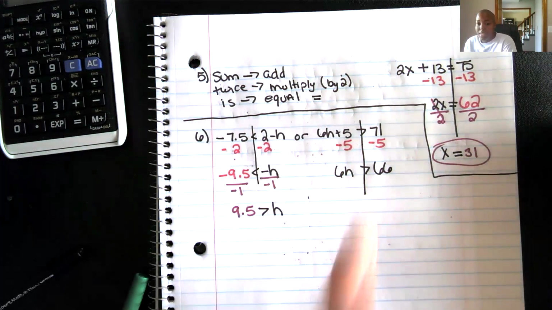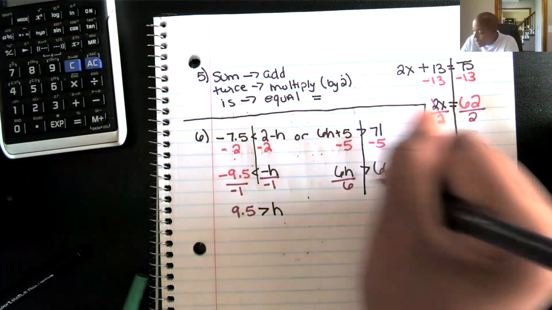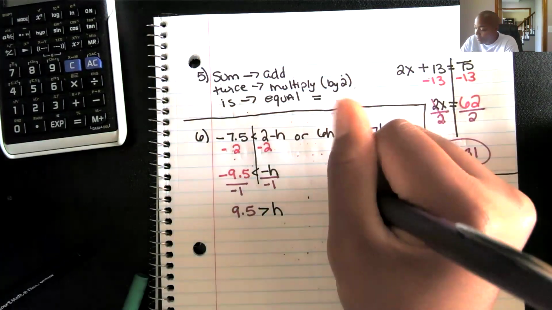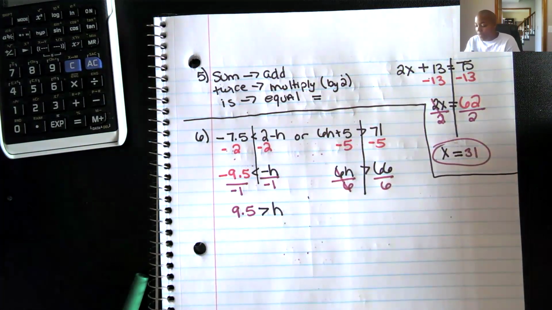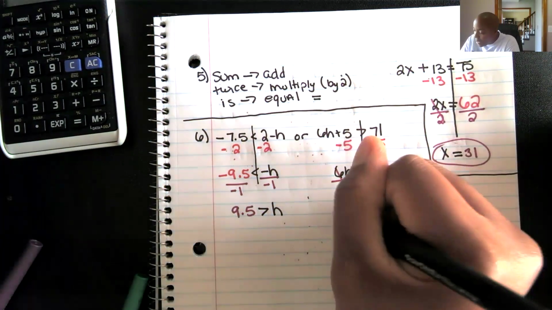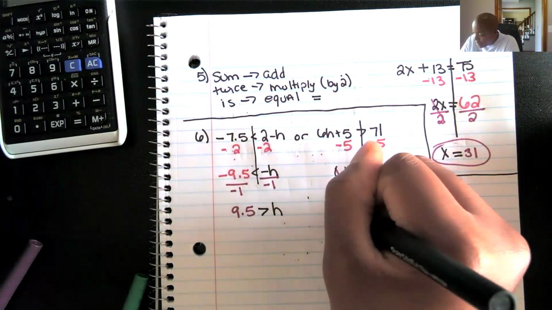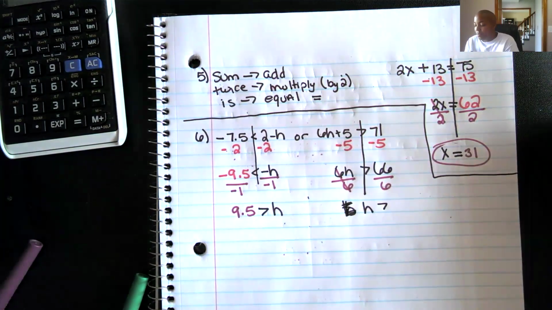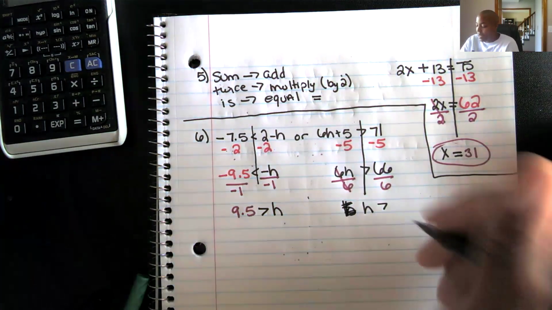And then to get the h by itself, divide 6 on both sides. Apologies. And then we have our answer. H is greater than 66 divided by 6 is 11.